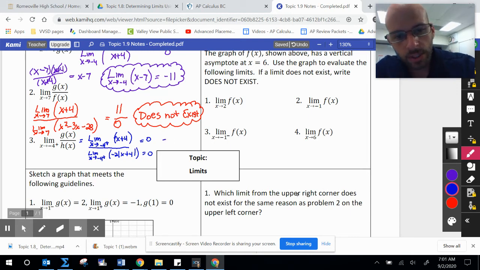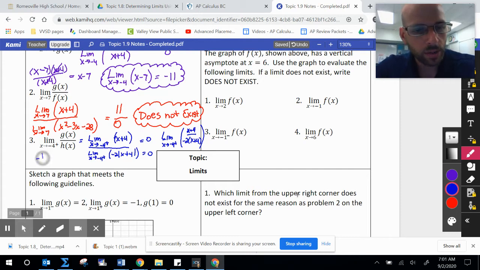I'm going to use the limit as x approaches -4 from the right of x plus 4 over -2 times a positive x plus 4. And those would cancel, and I would be left with, I'm going to write my answer over here just because I ran out of room, my answer should be -1/2.